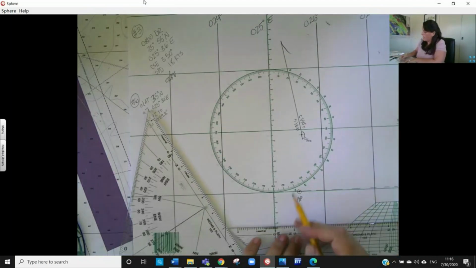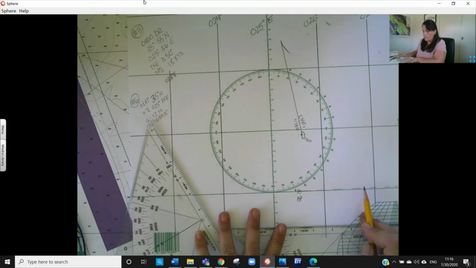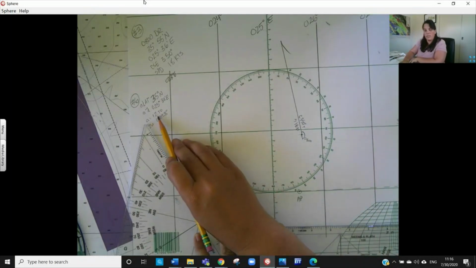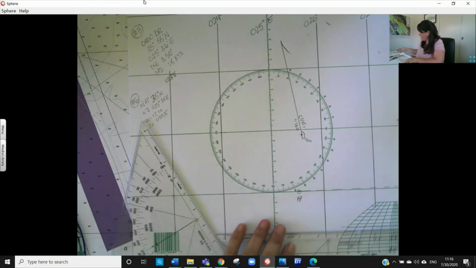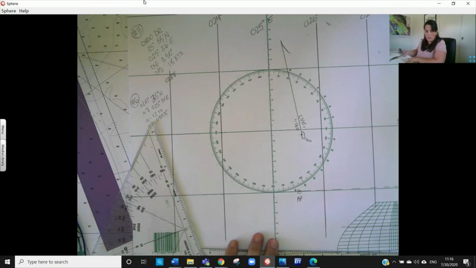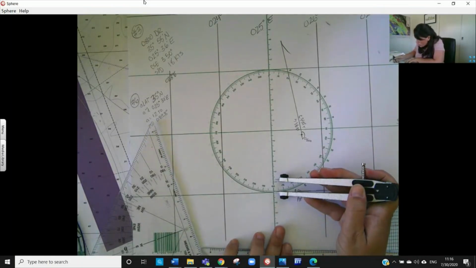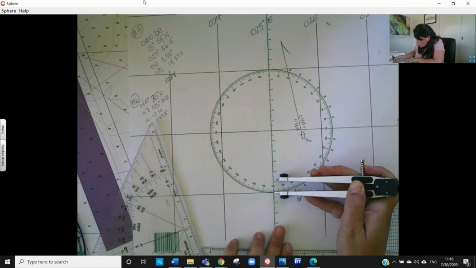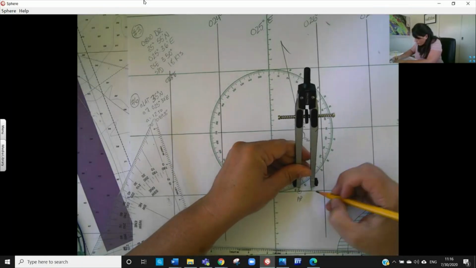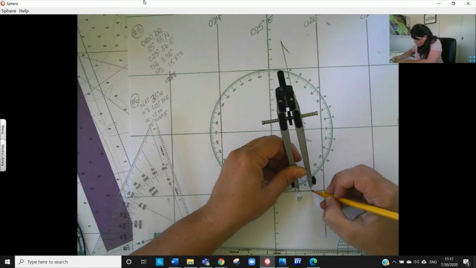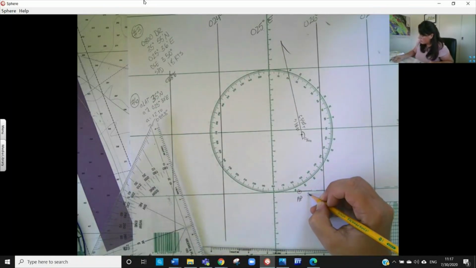So I've plotted my azimuth line, and now I need to plot my intercept. My intercept is 12 nautical miles towards 090. So I need to find 12 nautical miles. So there is my intercept.